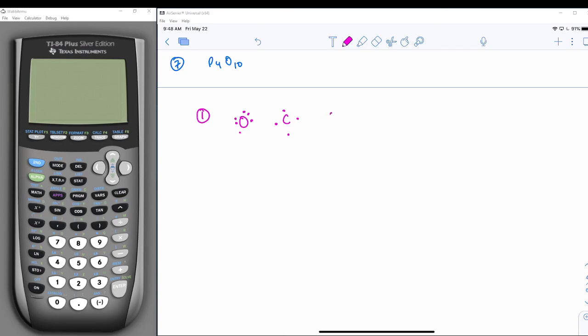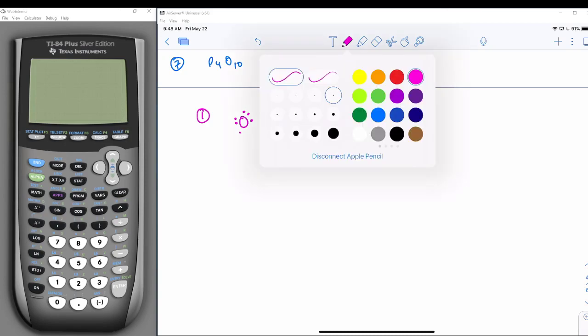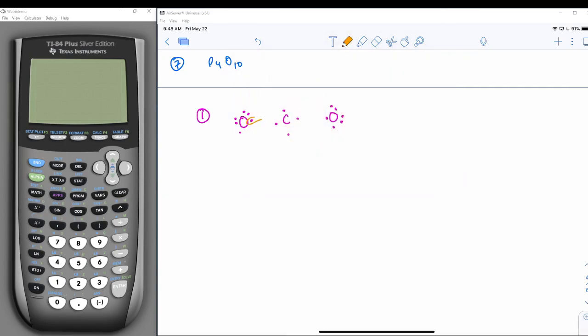And O has 6. Now, I'm just drawing the dots on the sides so it's the most convenient to show the work, but it doesn't matter which side you draw the dots on, because all you're doing is trying to pair up any electrons that are by themselves so that everything is complete. And so when you do that, you end up with a structure where you have lines for each of those pairs you paired up, and then the leftover dots that weren't bonded on each structure.